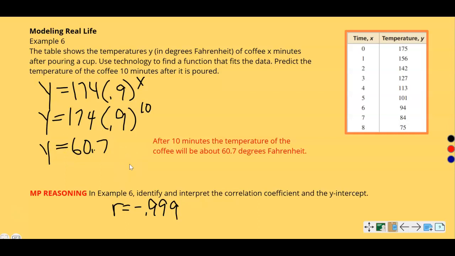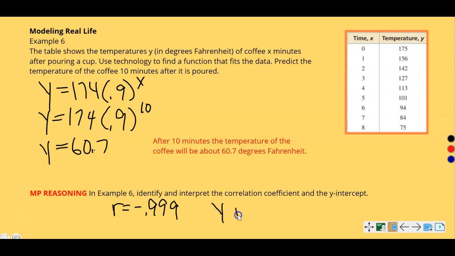All right, it also says tell what the y-intercept is. The y-intercept is 174. A is your y-intercept here, and that's the temperature of the coffee when it was made, like original time 0. So when the coffee was made, that's when the temperature will be the hottest, and it was 175 degrees at that time.